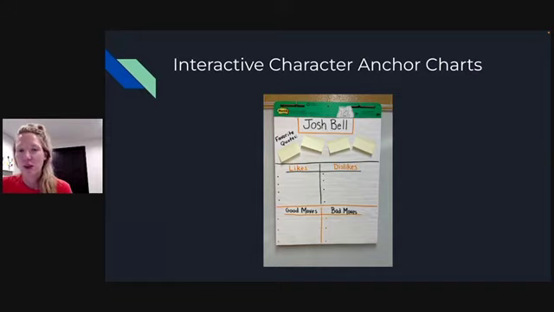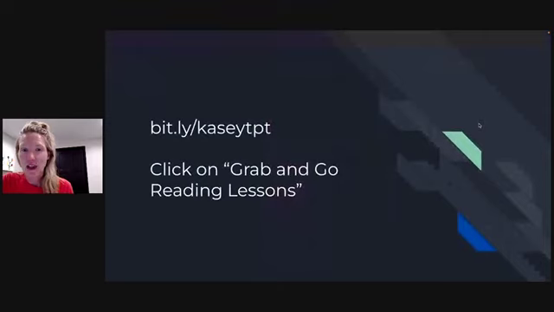This is a fun way to track the main character across the book because, after all, books are always generated around that main character. Teaching students to focus in on that main character is a great way to increase their comprehension in a book. Those are the 5 lessons that I have for you today.